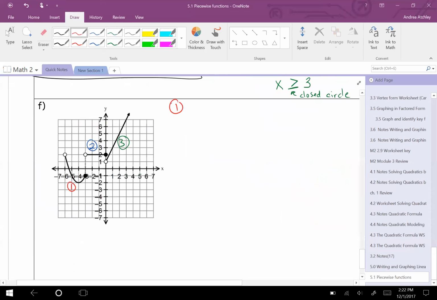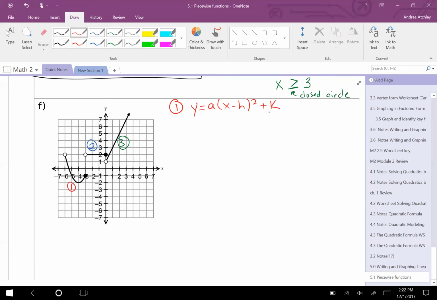So class, is that first one linear or quadratic? Quadratic. So we need to find the equation y equals a times x minus h squared plus k. Okay, everyone find the vertex for me.